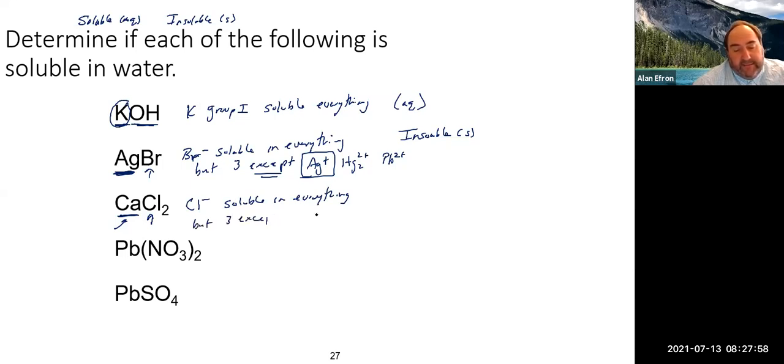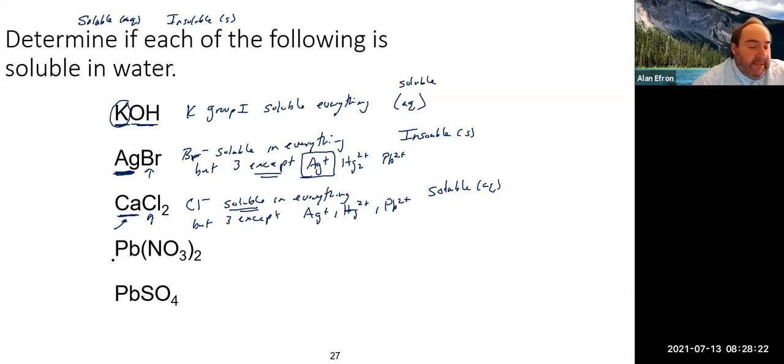Those 3 exceptions are silver, mercury 2, and lead 2. In this particular case, calcium is not one of those 3, which means it falls back to what we normally would expect. We would expect this to be soluble and get the aqueous symbol.